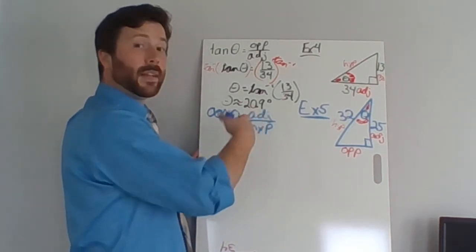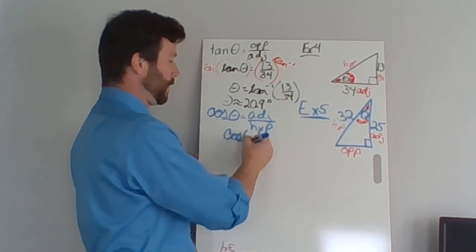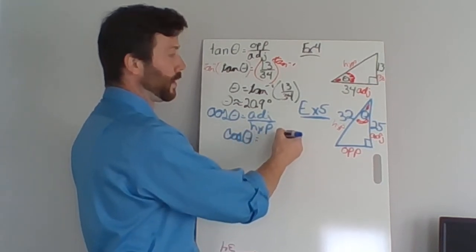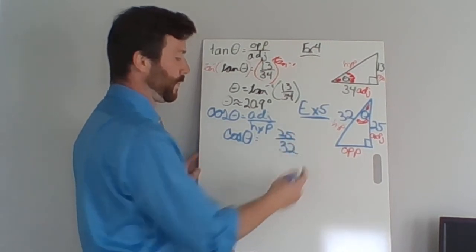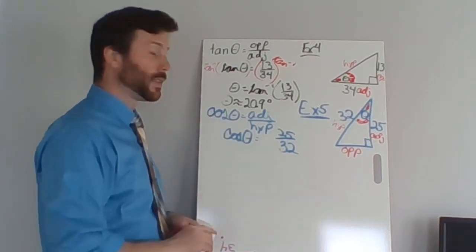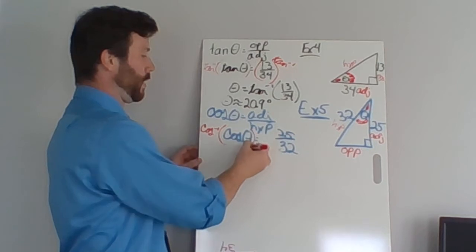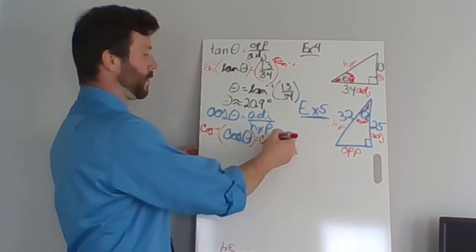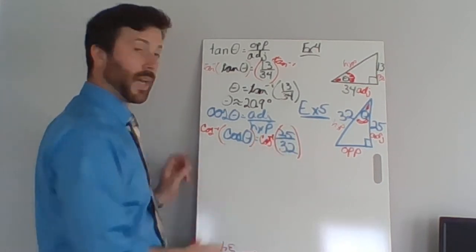Now I'm going to sub in everything I have. Cosine of theta is equal to 25 divided by 32. Now, once again, I want that angle. I don't want cosine, I want the angle itself. So I'll take the inverse cosine on both sides. That's inverse cosine.